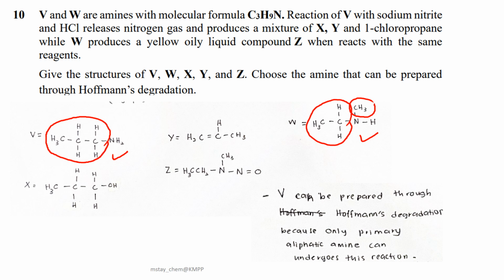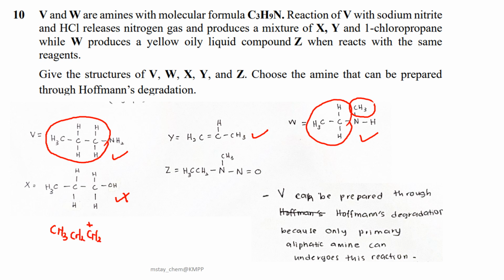So when the V reacts, just now we mentioned that X and Y can either be alcohol or also alkene. So for the structure Y, I think it is correct because you already produced the alkene. But for the X, the structure of the alcohol is incorrect. So always remember that, because this one will produce CH3, CH2, CH2 plus.